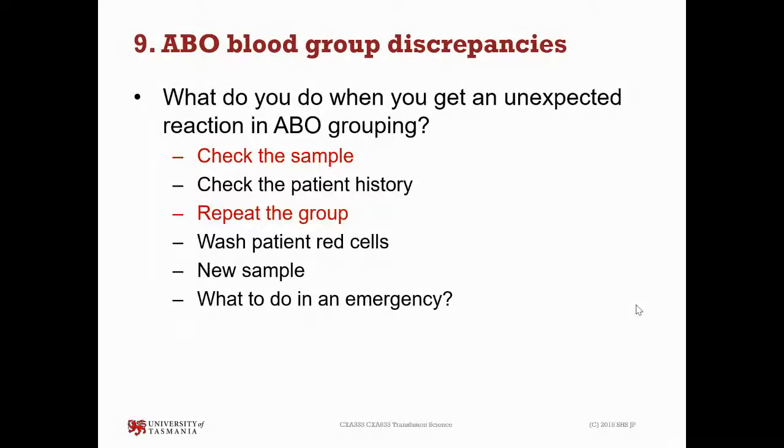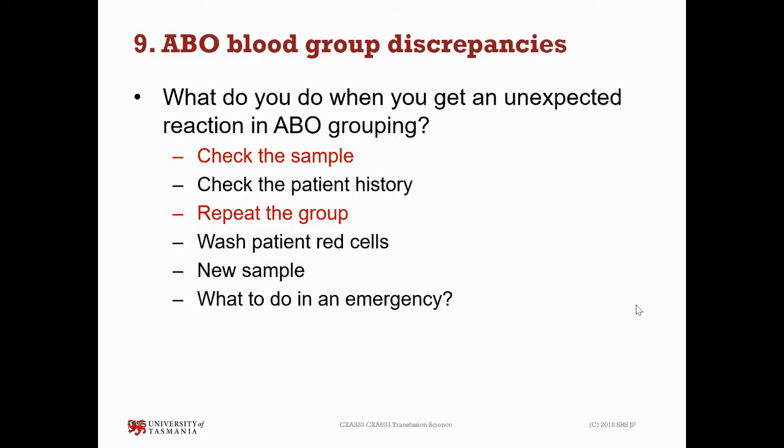But next time you go into the laboratory in week 3, we will have an ABO discrepancy there for you. So again, you'll have to remember to keep your prac notes next to you when you're doing this online so that you can help to work out where the discrepancy is and what you need to do with it.